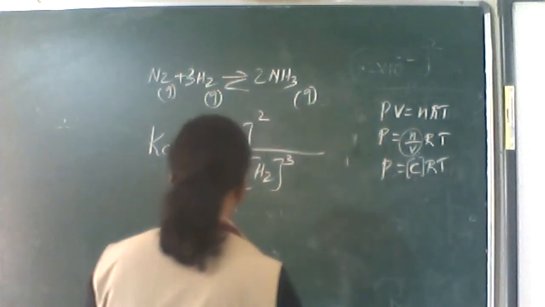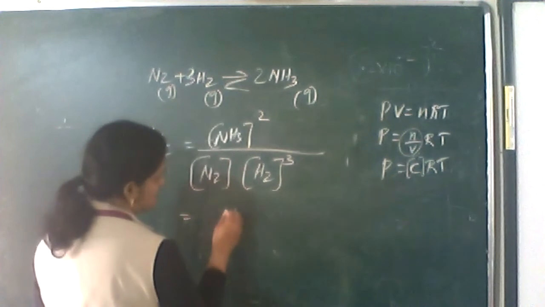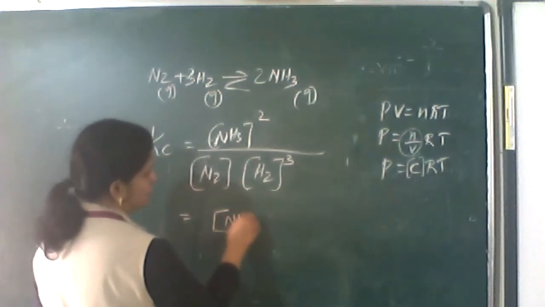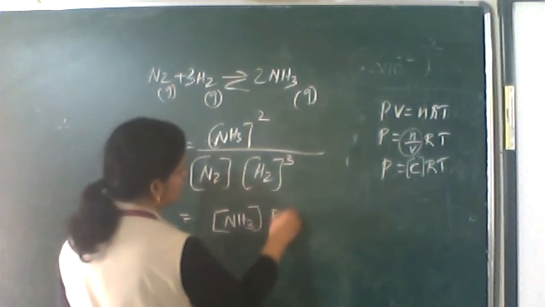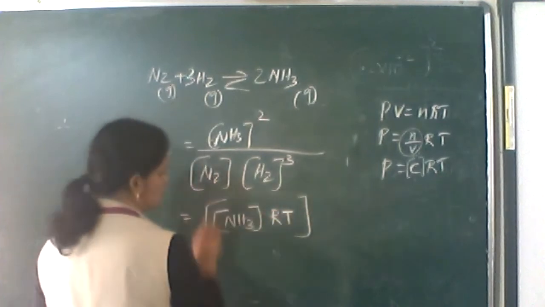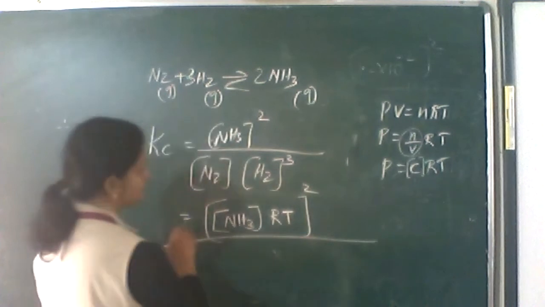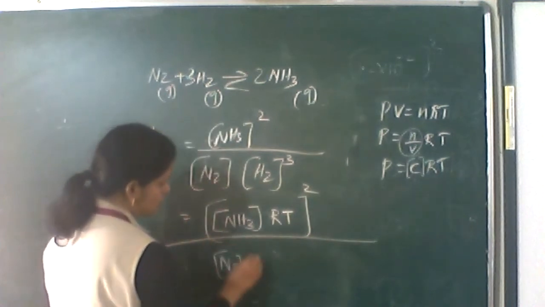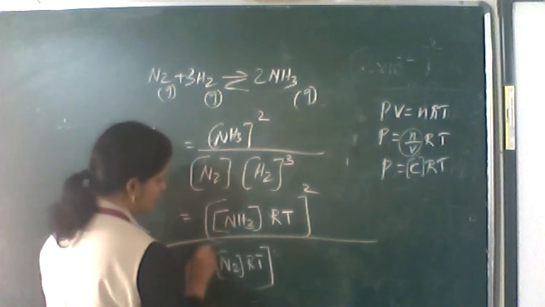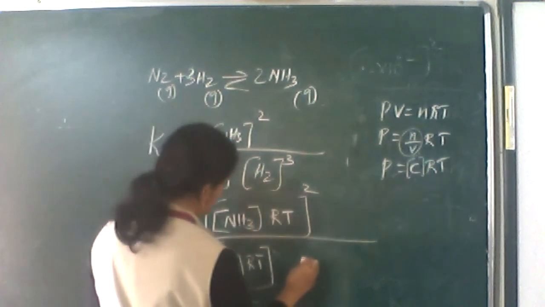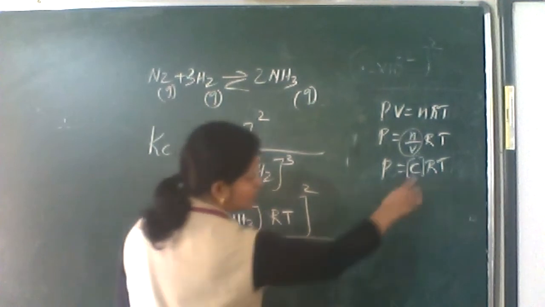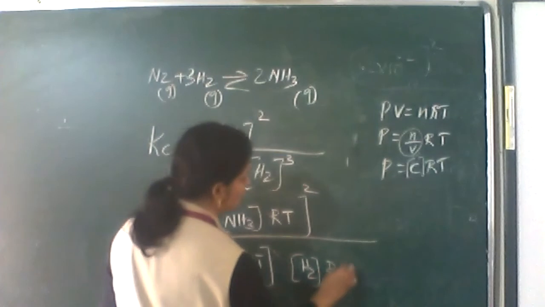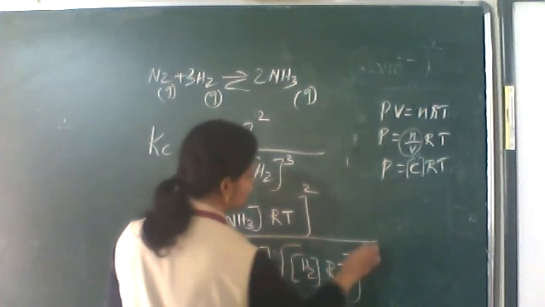So I'm going to write that: concentration of NH3 into RT whole square divided by concentration of N2 into RT, into concentration of H2 into RT cube.